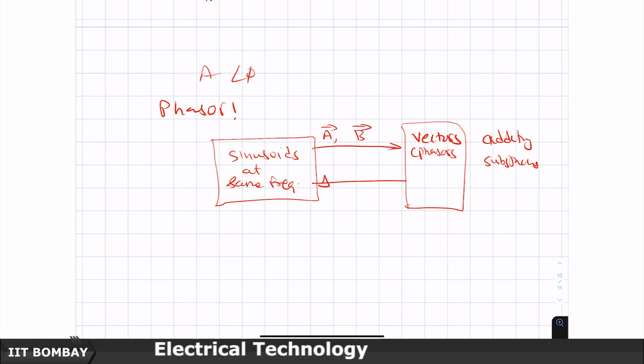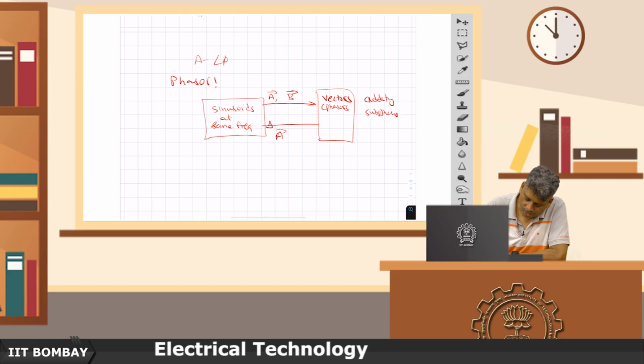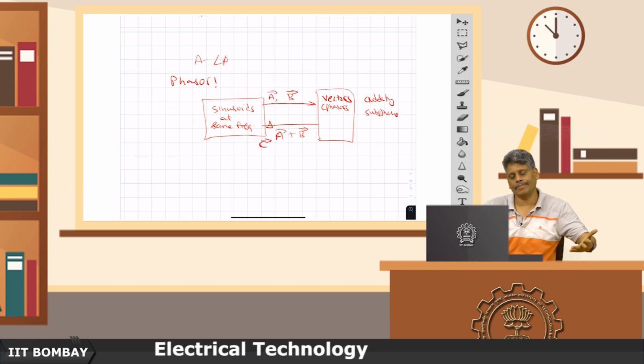You took sinusoids and converted them into this form and you got A plus B in this form, and once you have got this C, you can re-express it in time domain if you want. Therefore, phasors take away that unnecessary complication of the time dimension, and they are able to do that because we are dealing only with sinusoids in steady state, all at the same frequency.